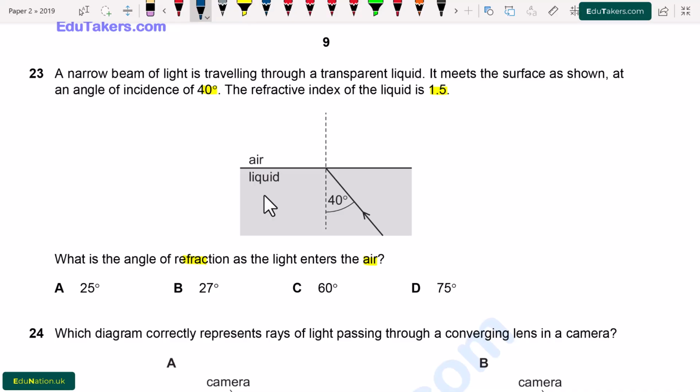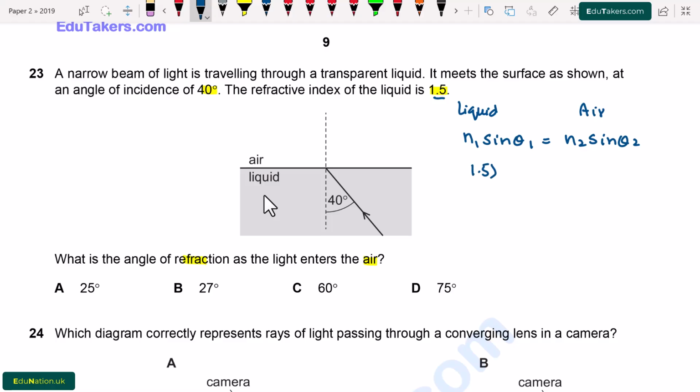Here I use Snell's law, that in the liquid and here in the air, n1 sin θ1 = n2 sin θ2. θ1 is basically the angle of incidence and n1 is the refractive index of the liquid, which is given as 1.5.